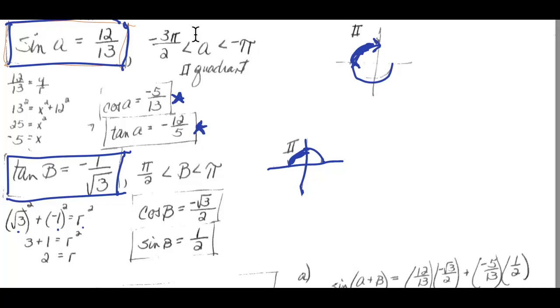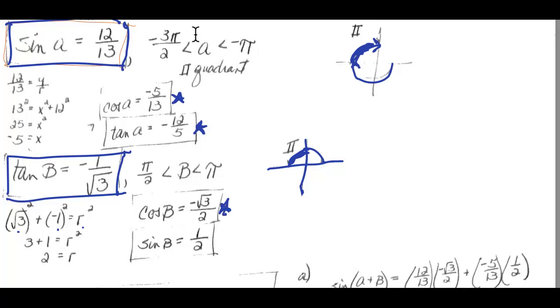I clean that up, and I get r squared is equal to 4, so r equals 2. Since this terminates in quadrant 2, my value for r is going to be +2, and the cosine in that quadrant is negative, which is negative square root of 3 over 2.